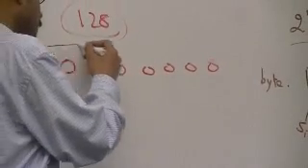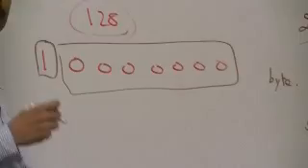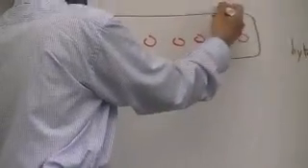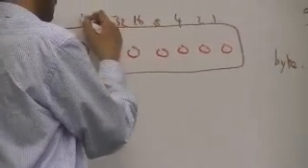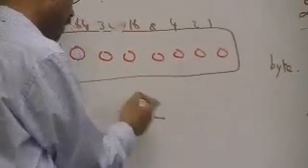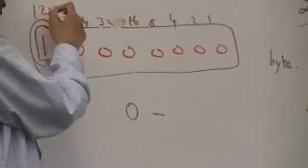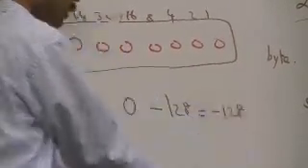For the rest of the 7 bits, you find just the integer value of it. If you add up all these, it is 0. So it is 0 minus the value of the most significant bit, which is 128. So that's why it is printed as negative 128.